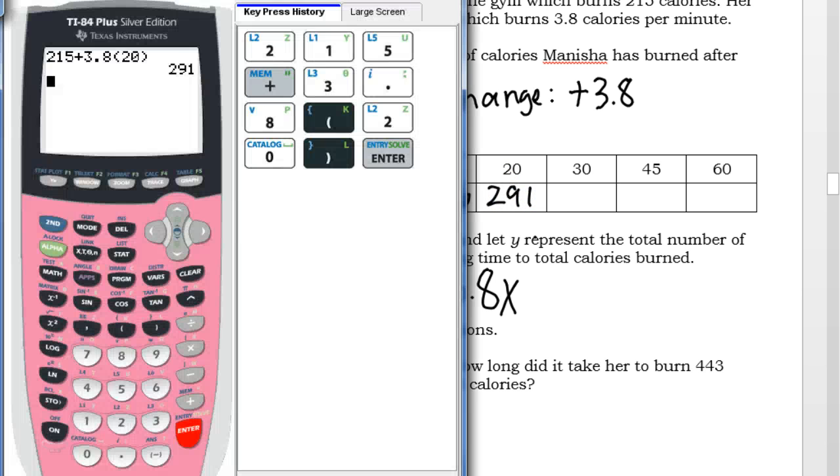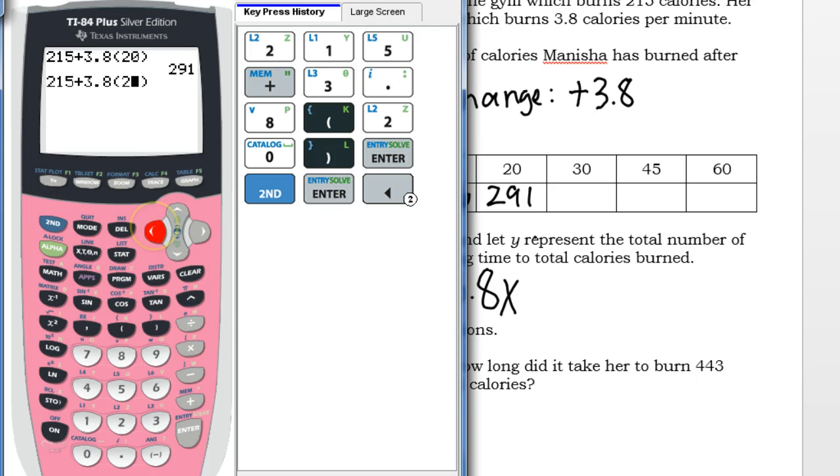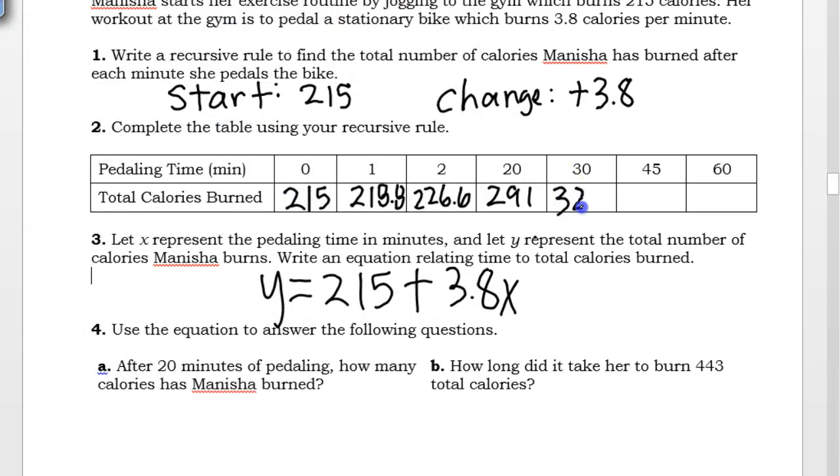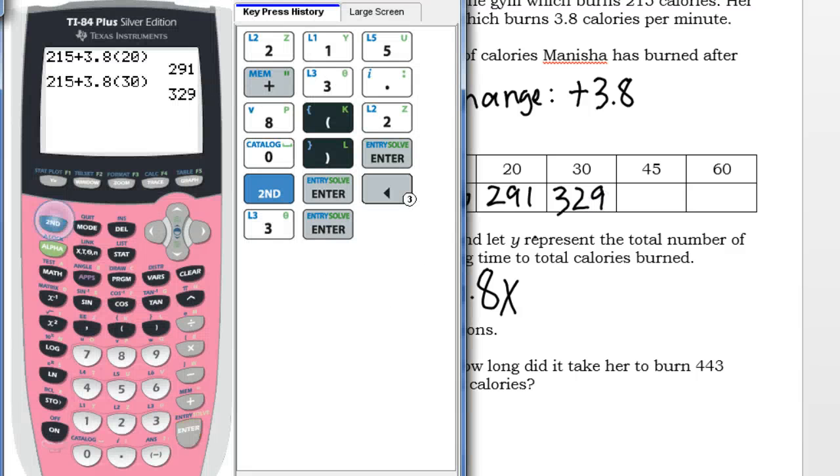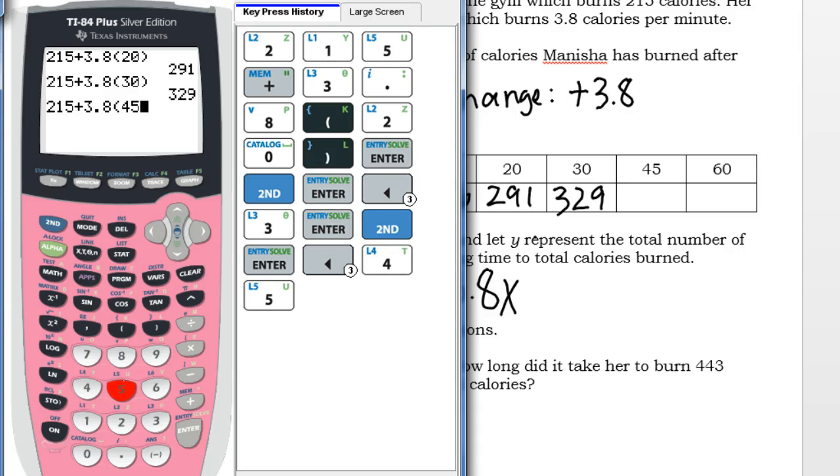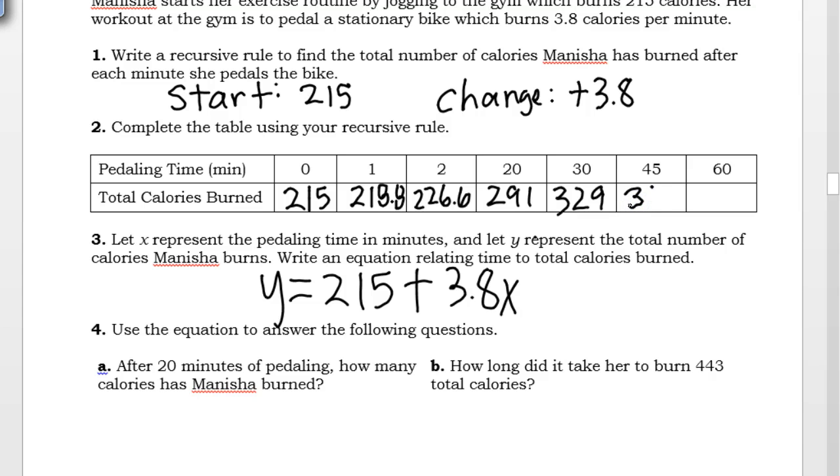And then we can put in 30. And then we can put in 45. And then we can put in 60.